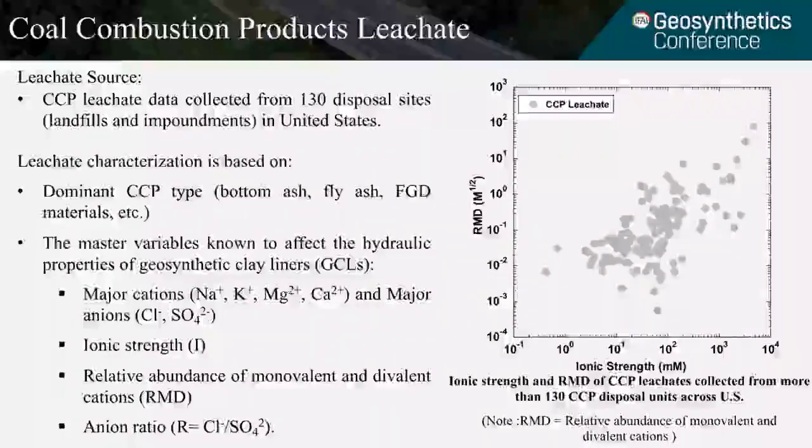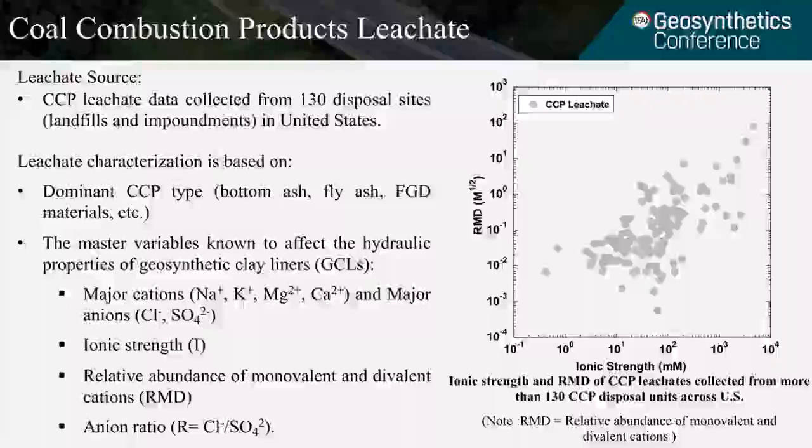Back to the topic of my study, the first step that I conducted in this research is to compile the CCP leachate database. So the right figure shows the compiled result as a function of ionic strength versus RMD.